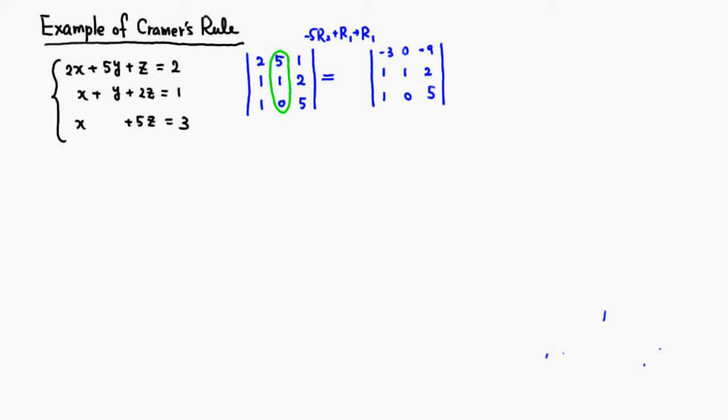So we can expand it along the second column. So this is going to be simply 1 times the cofactor. I'm going to erase the second row and the second column.